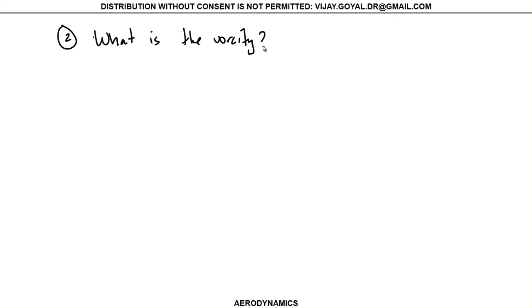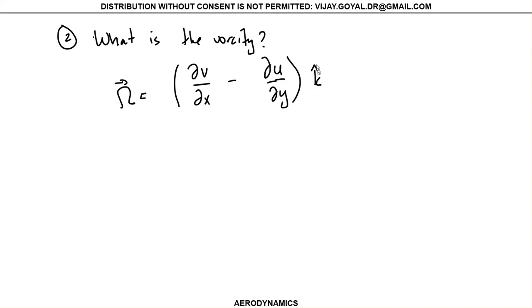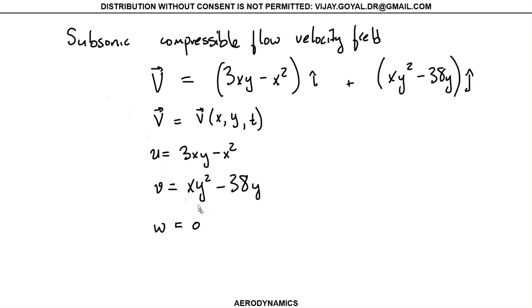So we know, and we showed in class, that the vorticity confined to only one plane is given by this equation, you can go to the notes. We did that over k, and taking the derivative of v with respect to x gives you y squared.